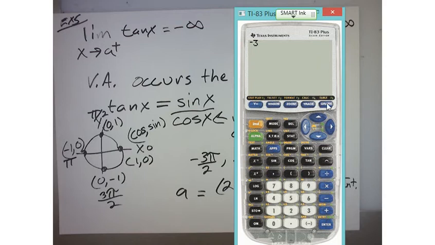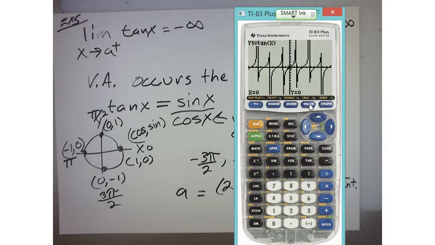So if I come in here and I graph this, and I hit trace, and then I say negative 3 times pi divided by 2, it's not defined. If I trace just a little bit to the left of that, coming in from positive infinity, it is approaching negative infinity, right?